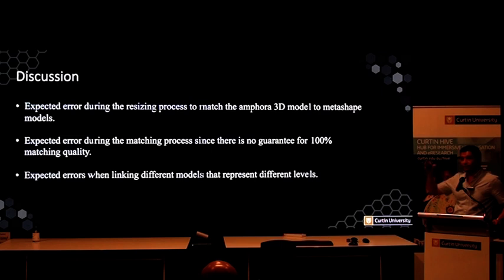Also, matching this amphora to its location in the 3D model, I got 6 degrees of freedom, so rotation, moving back and forth. So there is an expected error in this process also. And the final thing is an expected error during the linking between different levels and different layers.